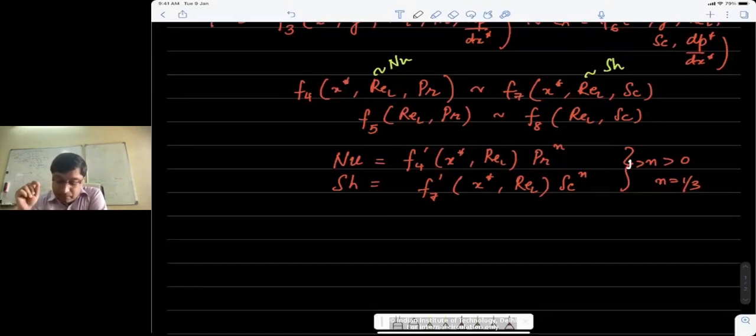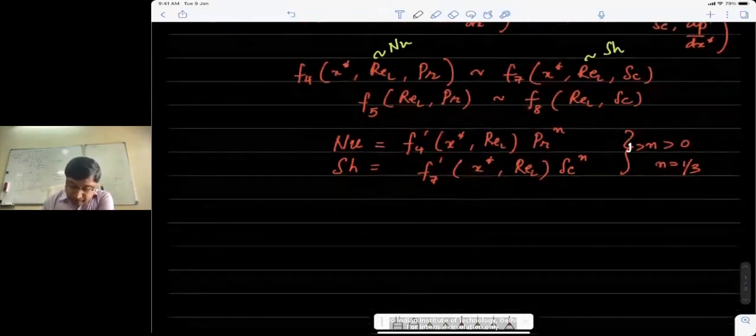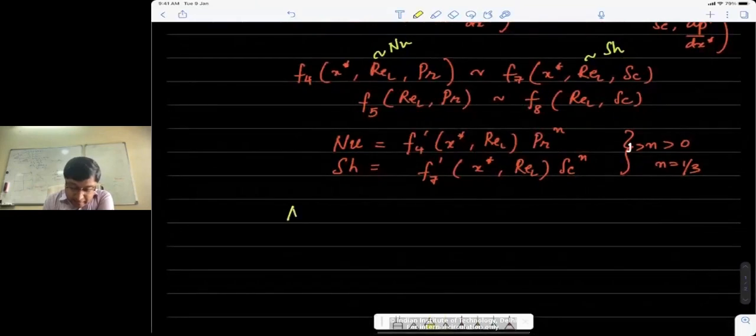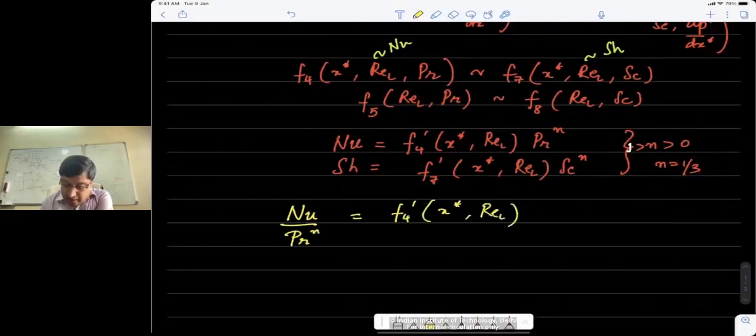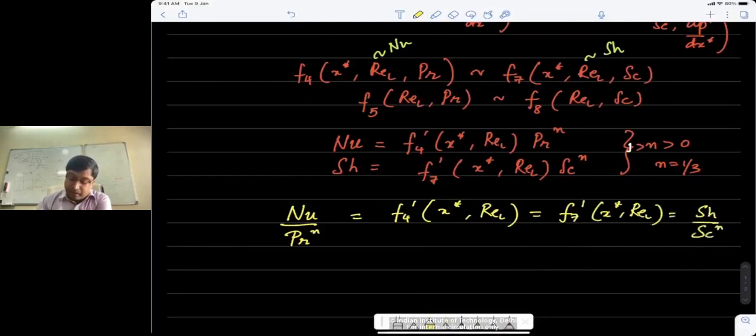Pr or Sc. I hope you can see now that the similarity, which I can write as Nusselt by Prandtl to the power n, which was f4 prime of x star, Re L, would be the same as f7 prime of x star, Re L, which is Sherwood number by Schmidt to the power n.